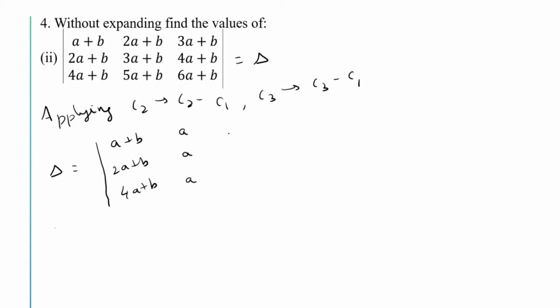And C3 changing to C3 minus C1 means 3a plus b minus a minus b, 2a; 4a plus b minus 2a minus b, again 2a; 6a plus b minus 4a minus b is again 2a. So we can see that these two columns are proportional. So the value of this is again equal to 0, since C2 and C3 are proportional.